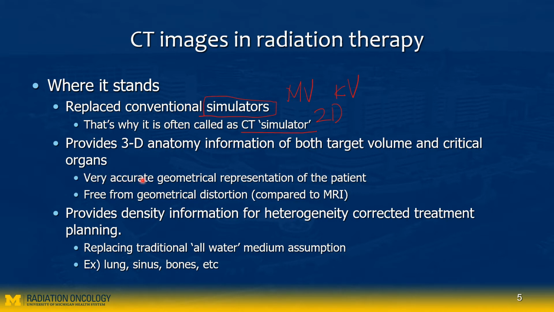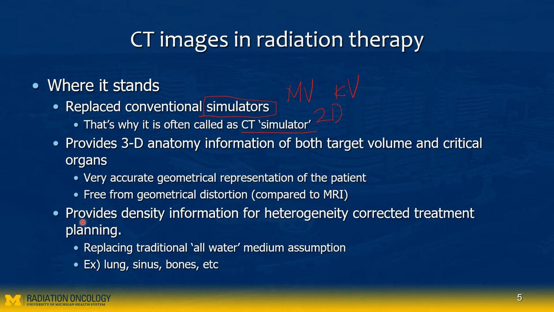One big advantage of using CT is its geometrical accuracy is very superb as compared to MRI. MRI has some inherent geometrical distortion that a physicist has to correct for. But CT provides very, very accurate geometrical representation in 3D.